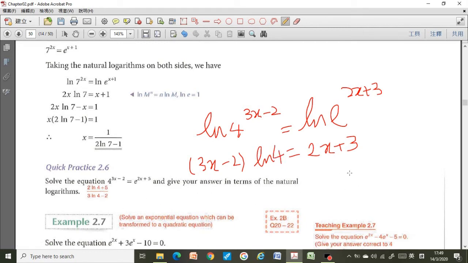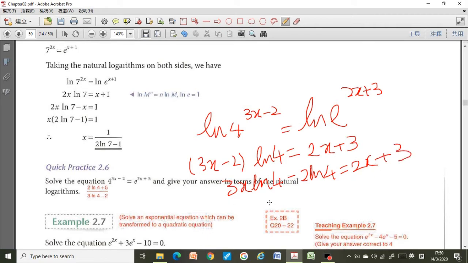Now taking the expression here, we will change that. This one will be 3x log 4 minus 2 log 4 is equal to 2x plus 3.